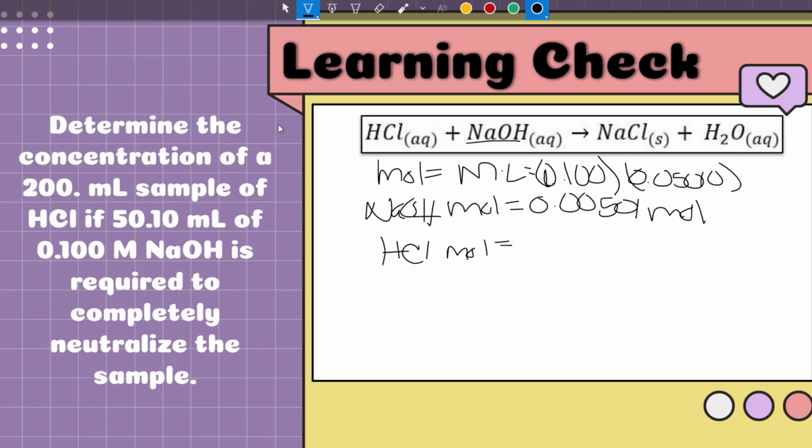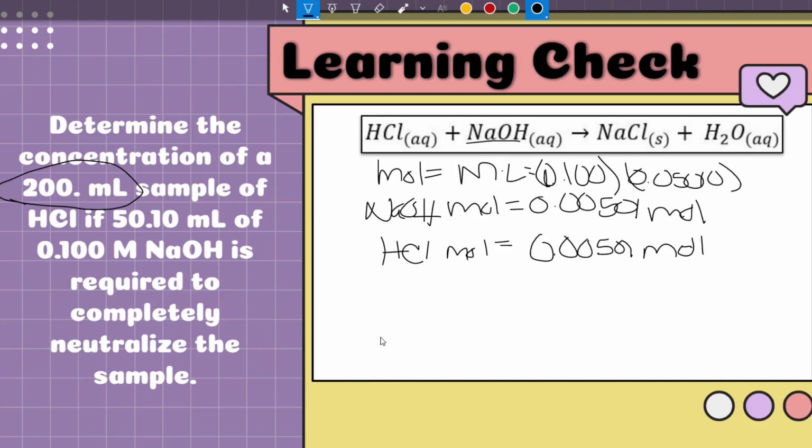And that's why we like to pick typically something that has a 1-to-1 ratio, because then whatever moles we have of our titrant is going to be our moles of our analyte. And so when we do that, we then look at the total volume, which is our volume of our sample, and that's going to be 200 milliliters.